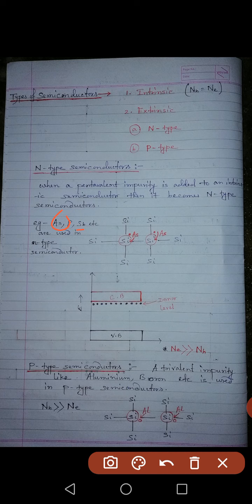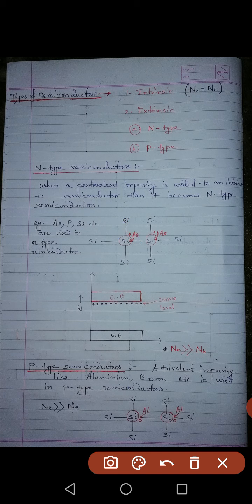Now suppose this is a solid sample of silicon. We know that silicon is tetravalent. That means this one silicon is forming bonds with 4 more silicons. So 1 bond, 2 bonds, 3 and 4 bonds.